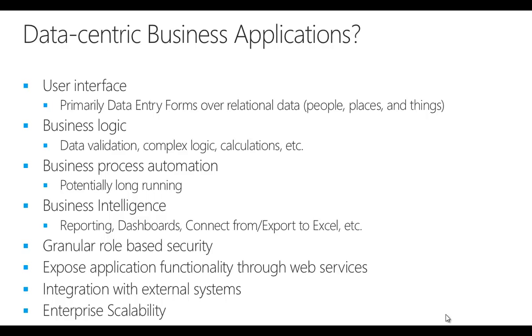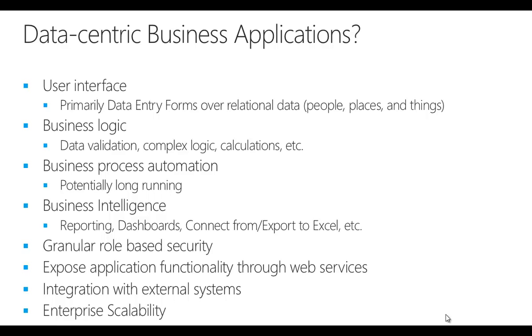Once you've been able to capture that data, validate it, automate business processes around it, you need some level of business intelligence, right? Some insight into that data so that you can report on it, have high-level dashboards that tell you the status of things, what actions people who are using the application need to take, etc. Use familiar tools like Excel to slice and dice data and do further analytics on it.